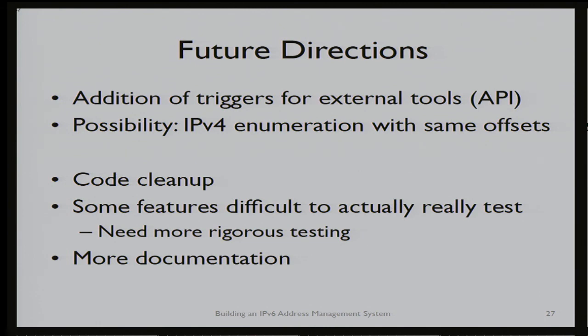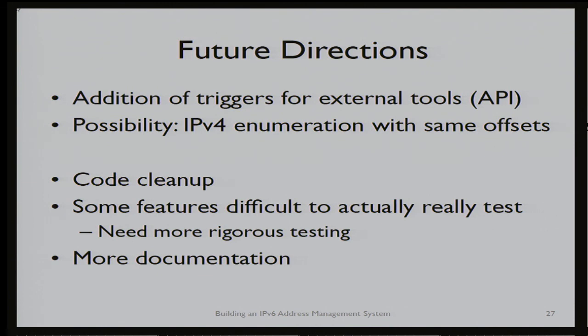So instead of having to use the software once per day, we could have external tools related to the creation and deletion of schools and units trigger our software via an API, and then our software will come up with a prefix at the point of unit creation or deletion. Of course, in both cases, we are using offsets. So not only can we do IPv6 enumeration, but we could also do static IPv4 enumeration, quite possibly.